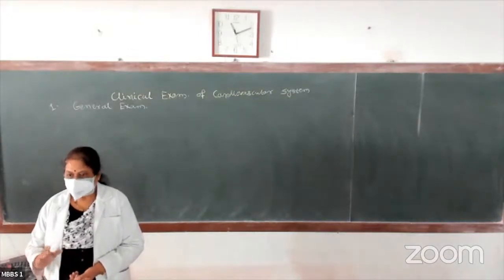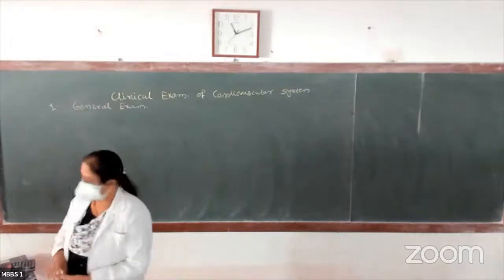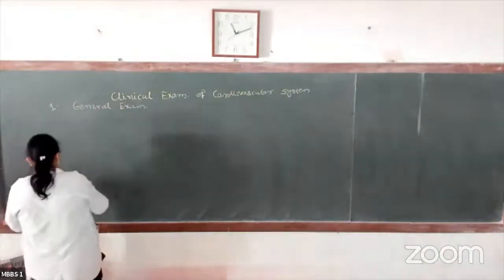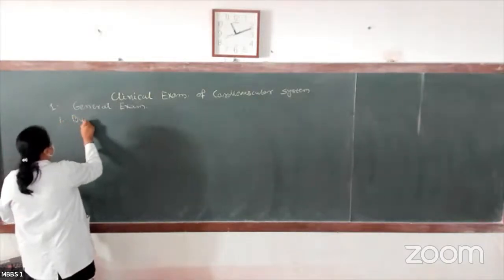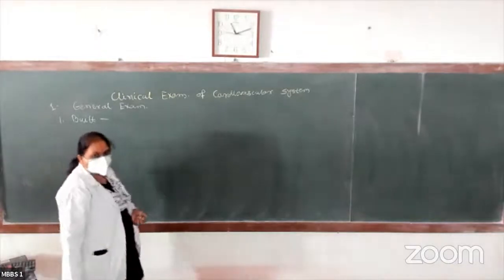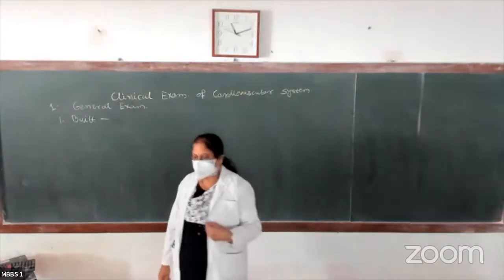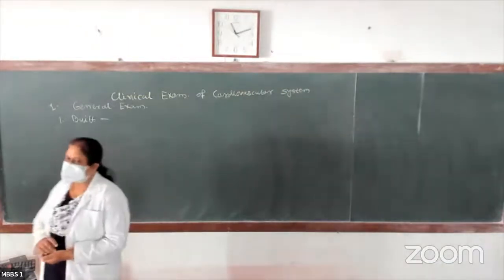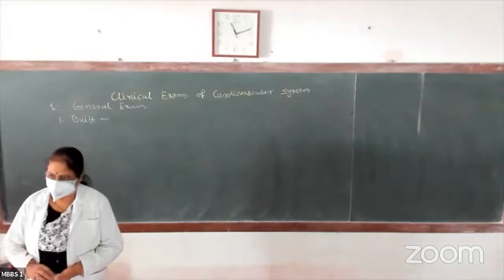He may be short and stout, or he may be tall and thin. That is the build. Normally, build is average.